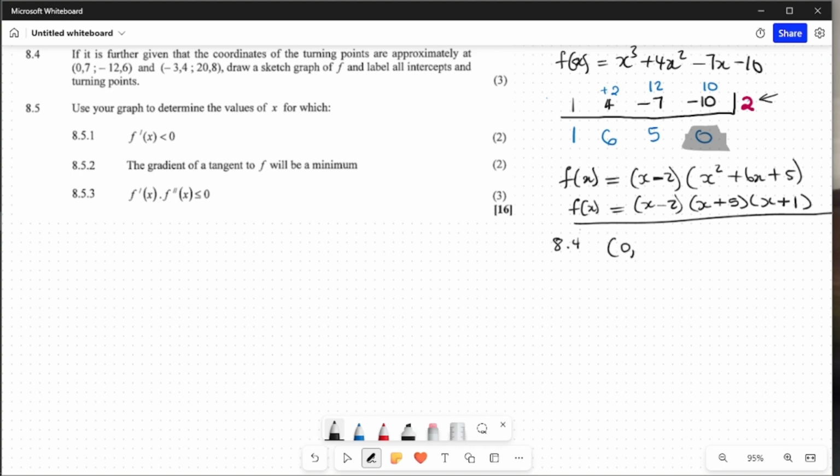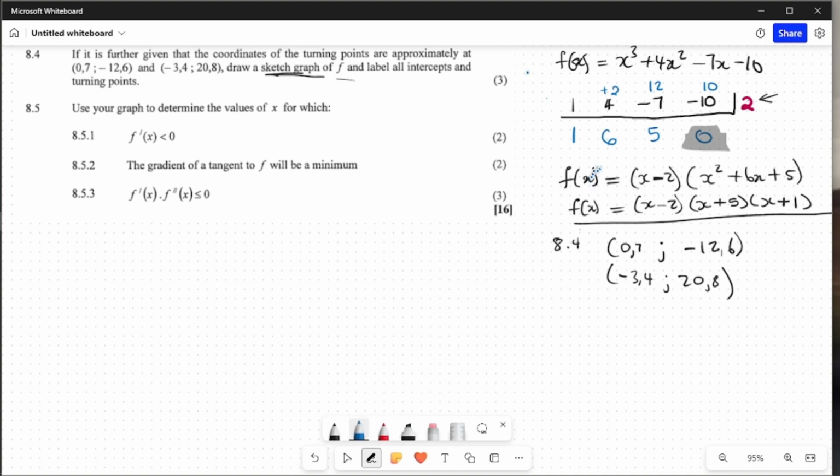The first one is (0,7; -12,6). The second one is (-3,4; 20,8). Draw a sketch of f, and label all intercepts and turning points.